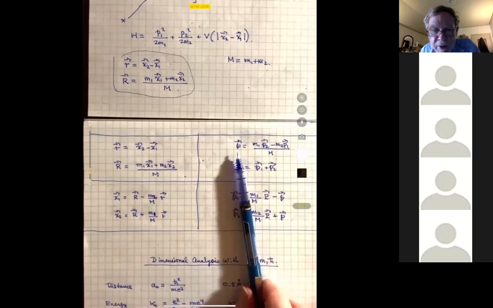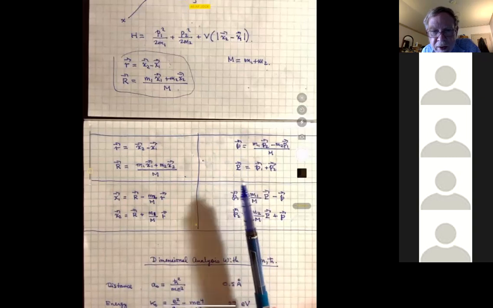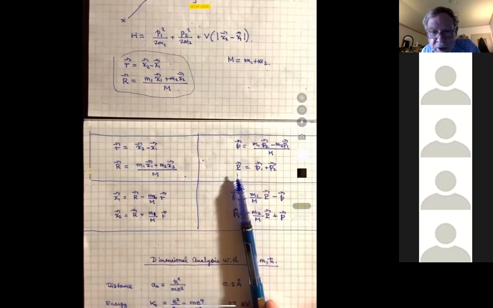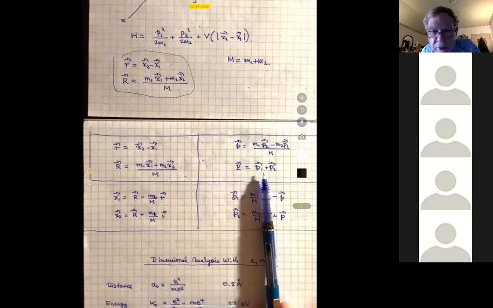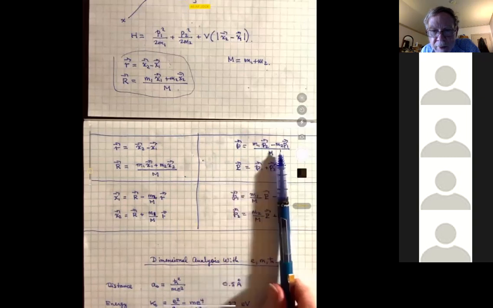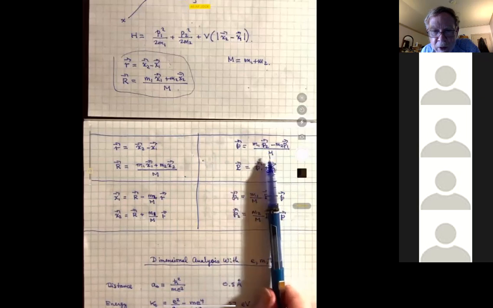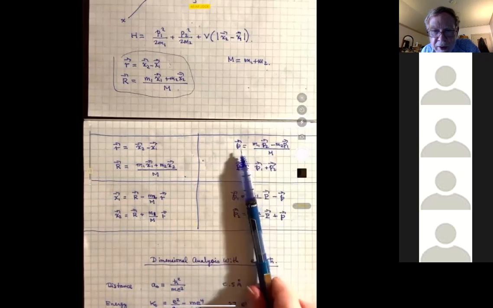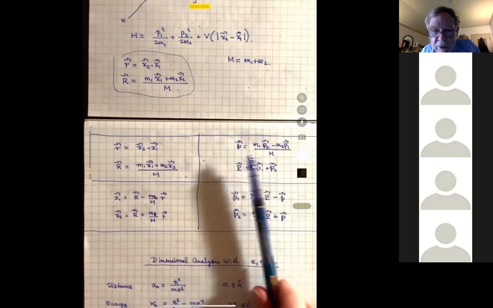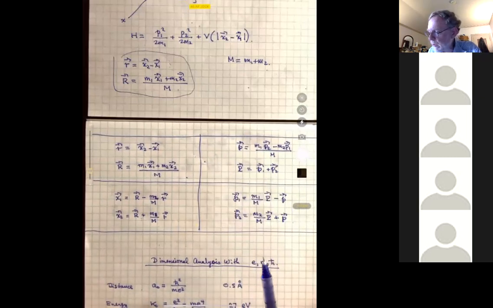And this p, or minus it, is the momentum of those two particles in that frame. Now it's fairly easy to see this, because if I set capital P equal to 0, then p1 and p2 are equal and opposite. So for example, if I make p1 equal to minus p2, then you see I get an m1 plus m2 times p2 over total M. That just turns into p2. So in that case, this p is the same as p2. That's what I'm saying. In the center of mass frame, that's what it is.